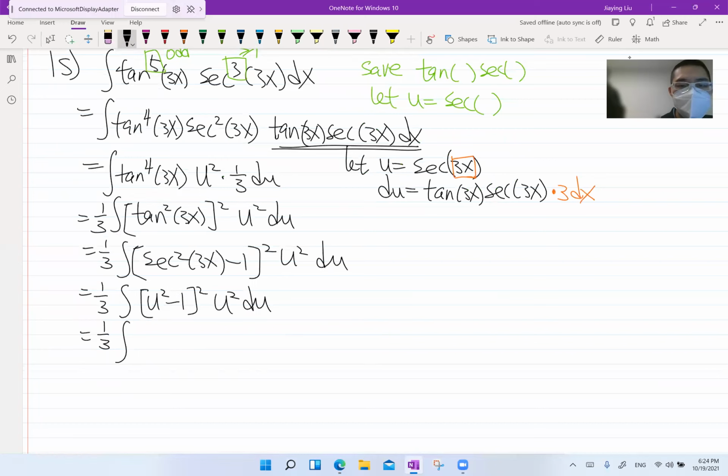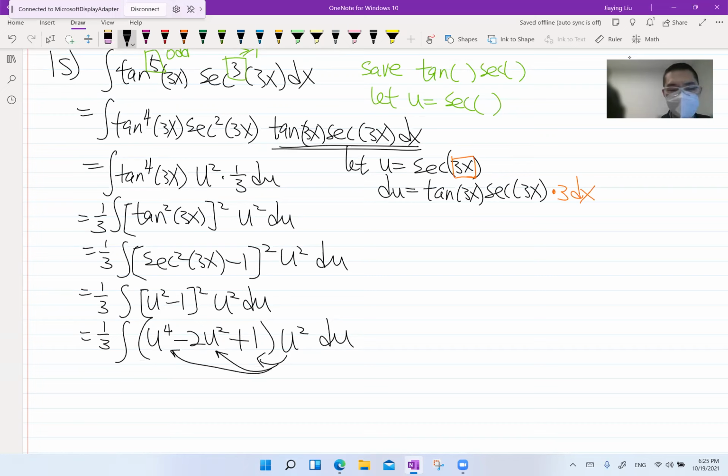So if you expand it using the formula, we get u squared squared, u to the 4th power minus 2u squared times 1, so 2u squared, and then plus 1. And don't forget, we still have a u squared outside du. From here, we distribute the u squared in there before we find the antiderivative, and then at the end, substitute for u.